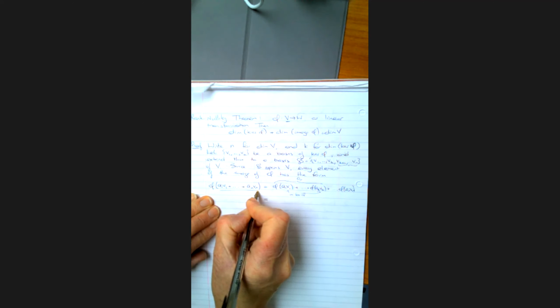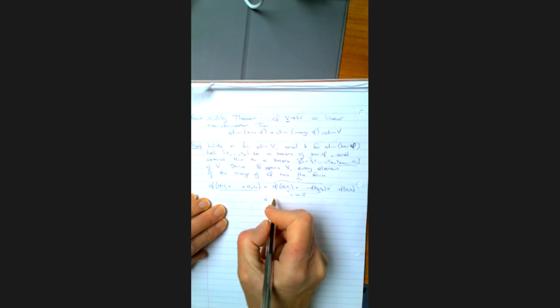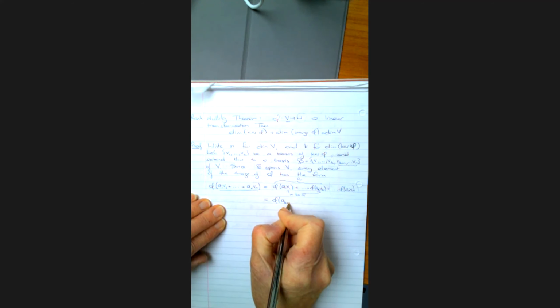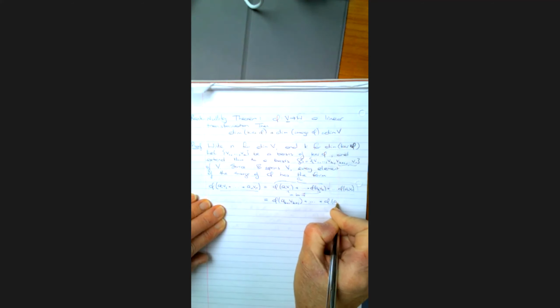So when we apply phi to them, we get the 0 element of W. So the image of this linear combination of the elements of B under phi is just the elements that survive after we knock out all the ones that are in the kernel. So this is phi of ak plus 1 vk plus 1 up to phi of an vn.